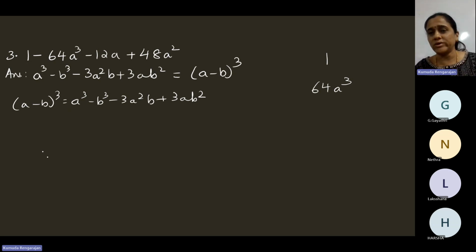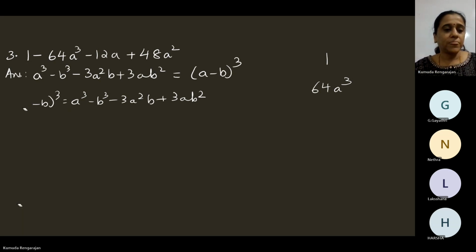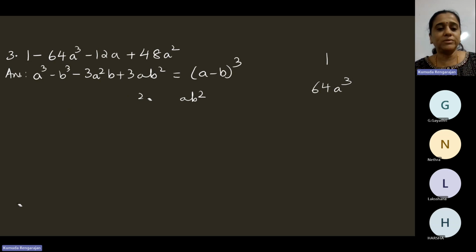So you write it such that the left-hand side of the identity matches the expression given to you, the expression which has to be factorized. So a cube minus b cube minus 3a squared b plus 3ab squared is equal to a minus b the whole cube. You can see here, this expression has 4 terms, of which 2 are perfect cubes, a cubed and b cubed. These 2 terms are not perfect cubes.